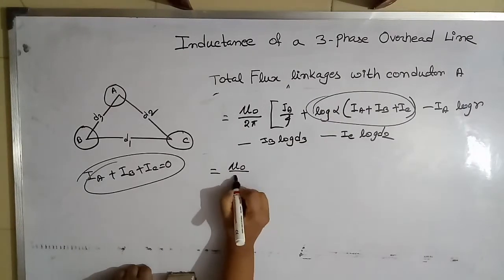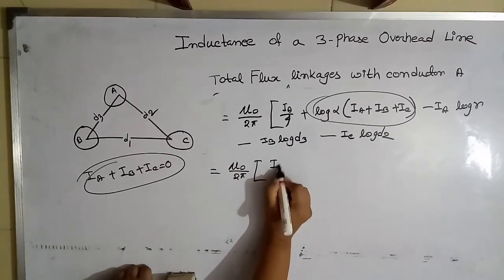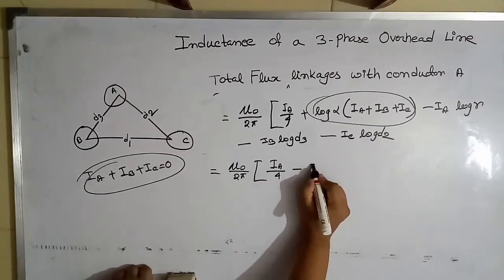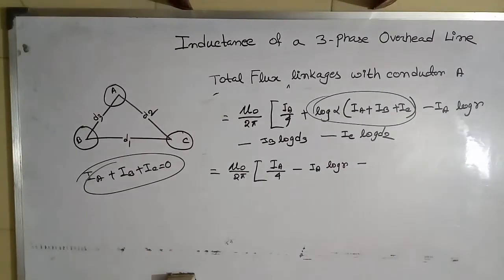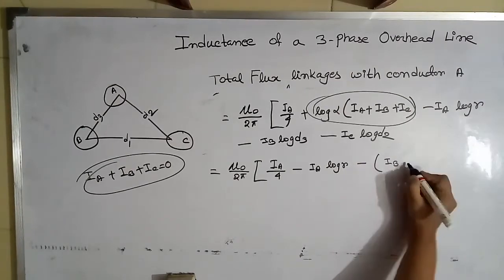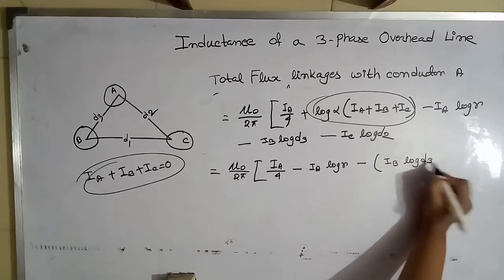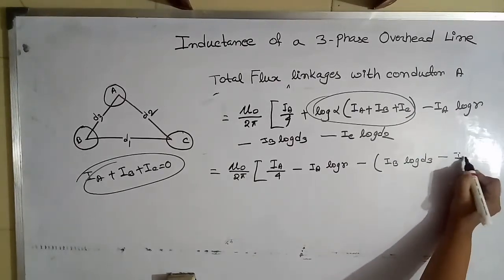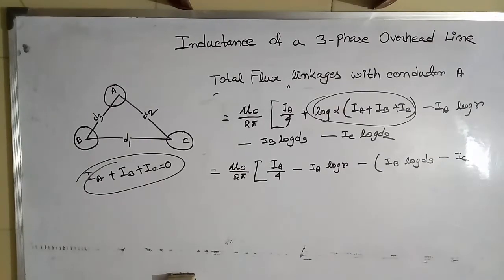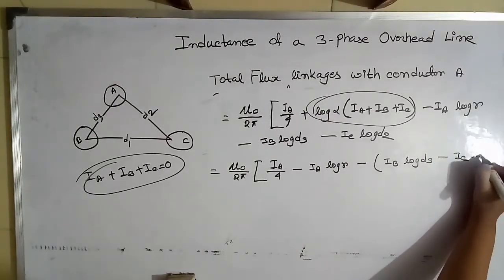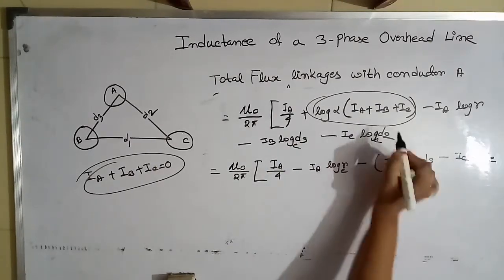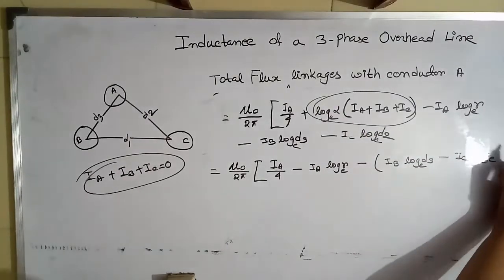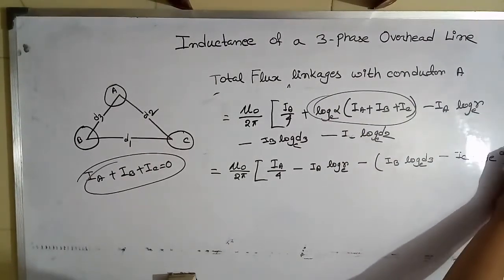So mu 0 by 2 pi equals IA by 4 minus IA log r, taking minus common, IB log D3 minus IC log D2.